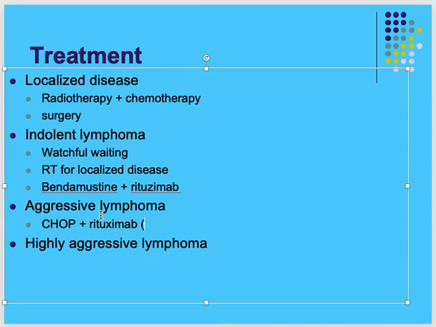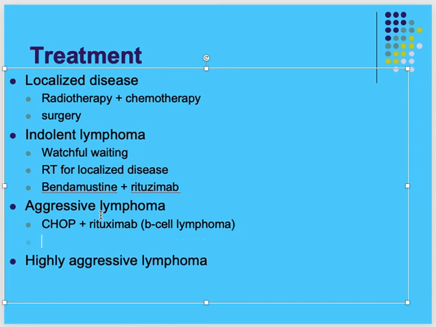Rituximab is for people who have B cell lymphoma. This drug is reserved for them. Of course, it is an expensive drug. So we give them the CHOP regimen, plus radiotherapy for the involved sites.